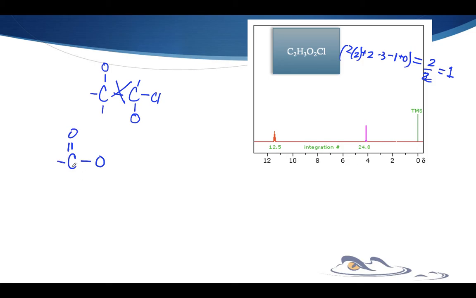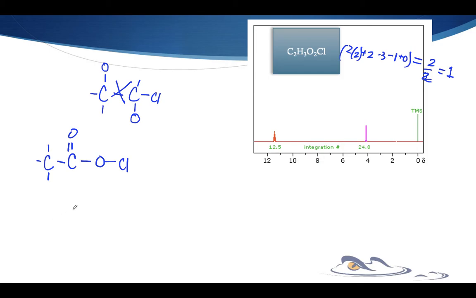One rendition would be maybe my carbon over here on this side and maybe my chlorine over here on that side. Would this work out? I'd have my 2 carbons, I would have 3 hydrogens right here, and then I would have my 2 oxygens and a chlorine. So this is one possibility.